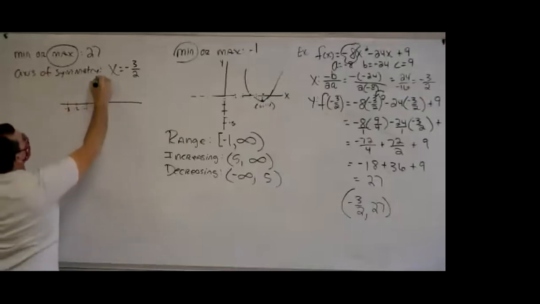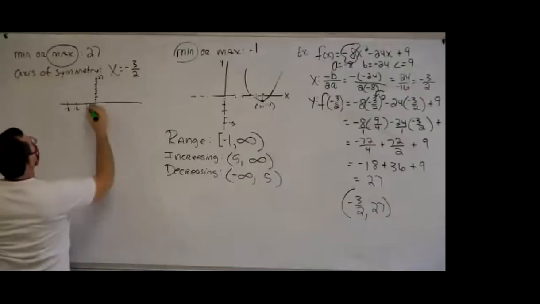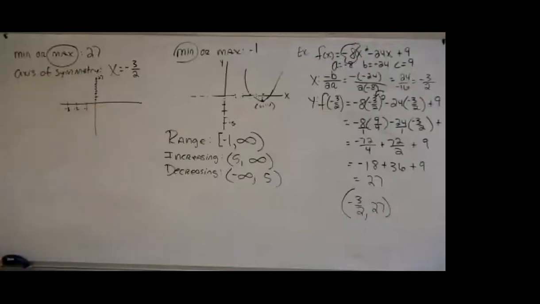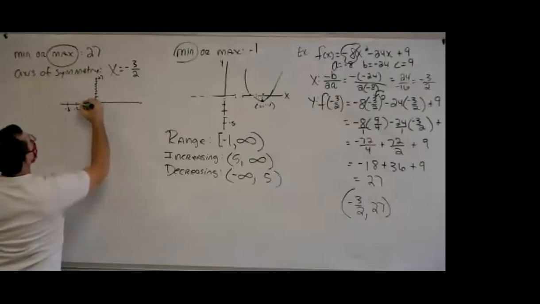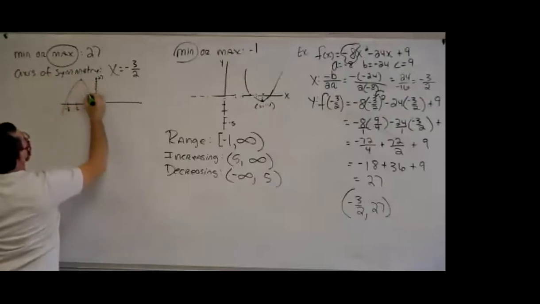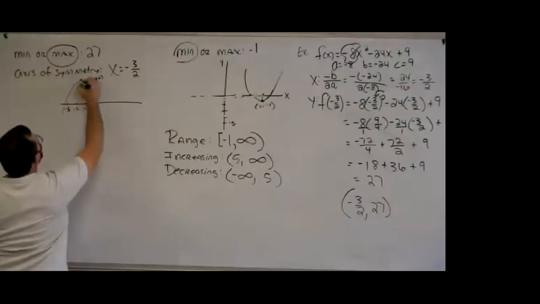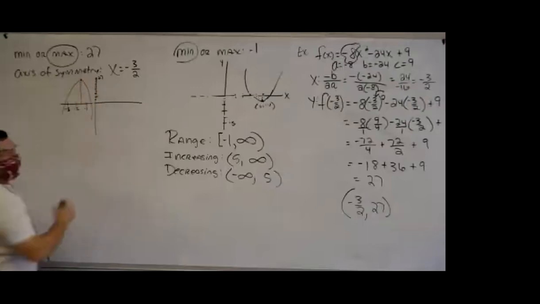Over here at -3 halves, remember that was about -1.5? So right here's that, and then up here at 27. You said that was a max, so this thing should just come down. I don't care where it's crossing, it could be wider or skinnier. All I needed was this point right here, because I know on the x it's at -3/2 or -1.5, okay?